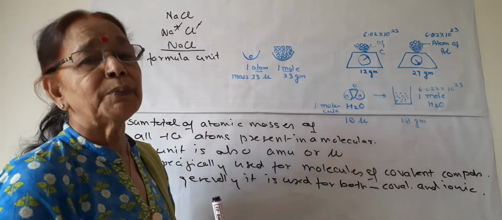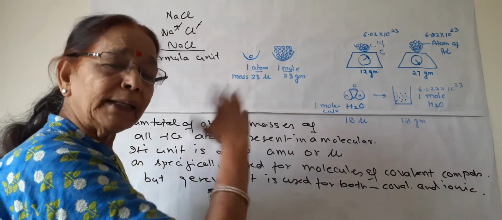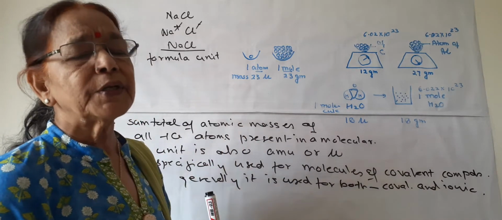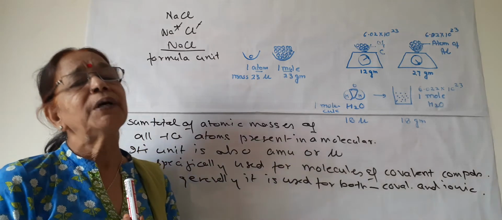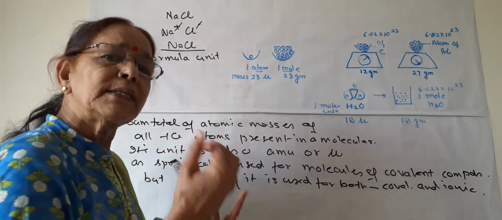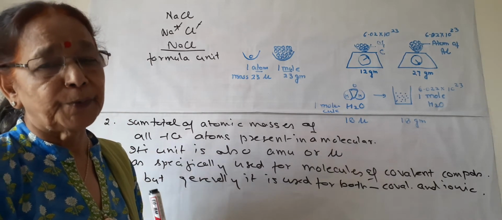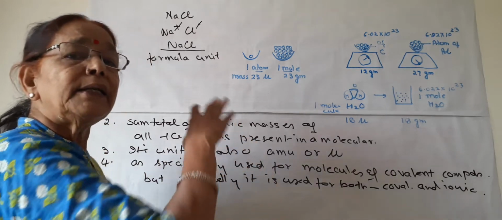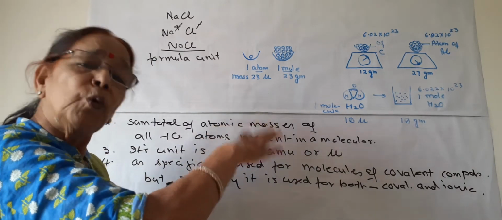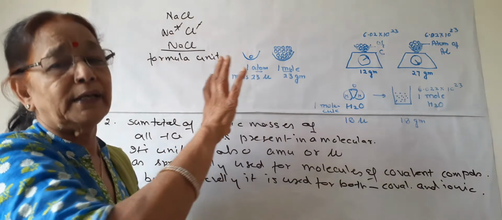And the mass of carbon 12 atom is taken as 12 U. The same definition is there, but instead of molecule we will write formula unit. The second point, same, its unit is U or AMU. The third point, it is used only for ionic compounds and not for covalent compounds.